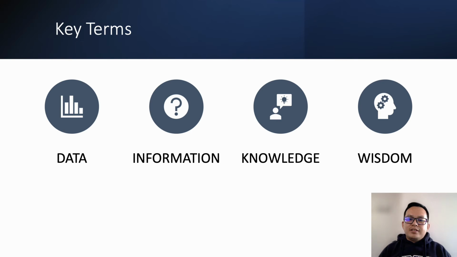So, let's talk about the key terms. The key terms in nursing informatics we have. Actually, this is not only a key term, but the one that is shown here in the slide is the mechanism, theory behind nursing informatics. So this is data, information, knowledge, and wisdom. So historically, nurses gather information.